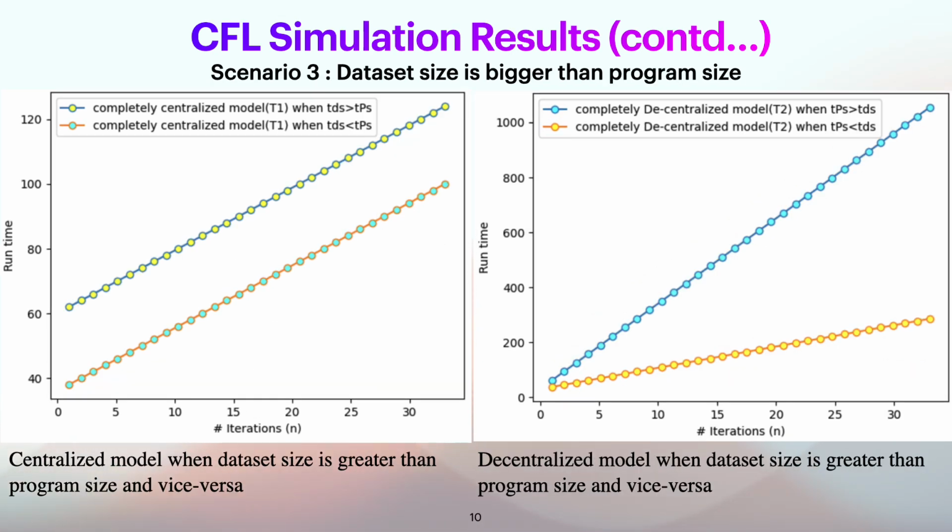On the third case, when the data set is bigger than the program size, we plotted the behavior of the centralized algorithm as well as the decentralized model, and we see that whether the data set is bigger than the program size or vice versa, there is a constant distance between the centralized and decentralized. However, in the decentralized case, after maybe one or two iterations, both start diverging a lot.